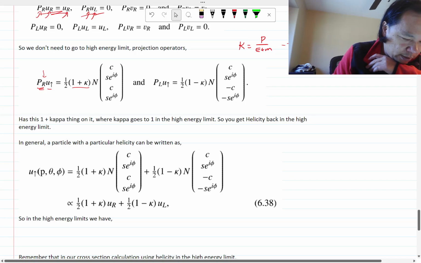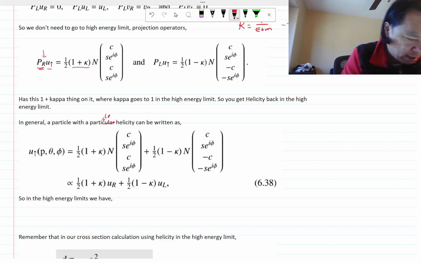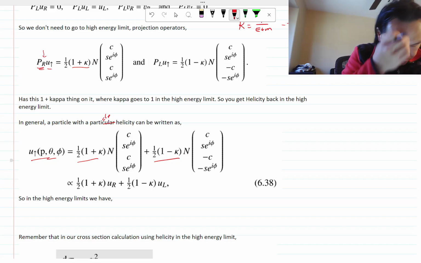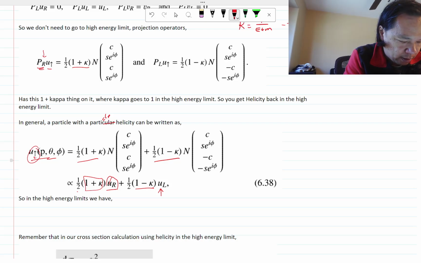Okay, so in general, a particle helicity can actually be written in linear combinations of these right and left chiral eigenstates instead. And these are going to be proportional to the right chiral helicity with this 1 plus kappa in front of it, and then 1 minus kappa in front of the left one if we're starting off with the helicity up state.